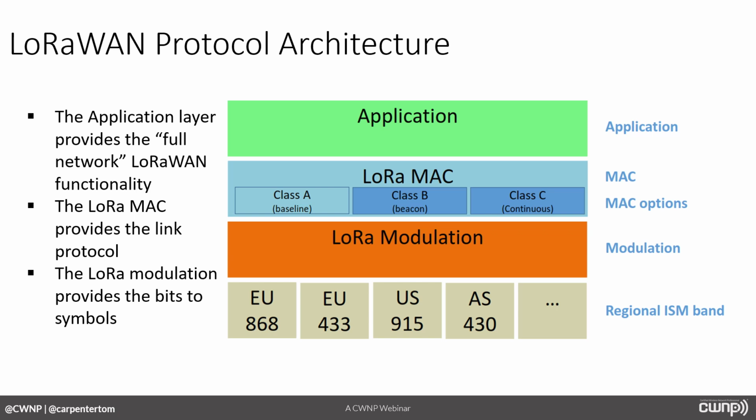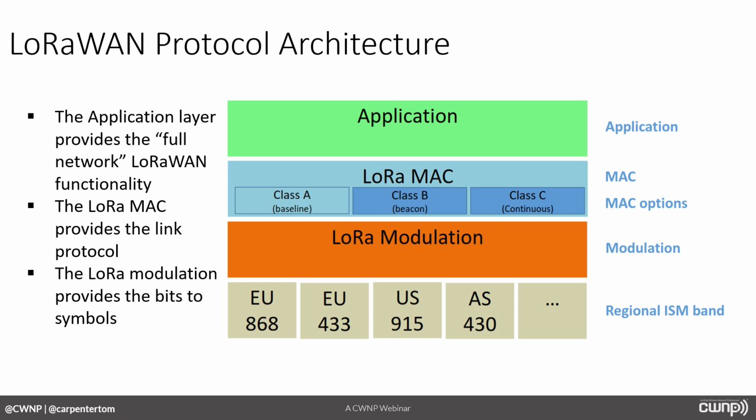And then at the bottom here, you can see just some of the regional bands that are used. So EU can use 868 or 433, depending on where you are. US uses the 915, and so forth. Now, I call these the 800, 400, and 900 megahertz bands, just to simplify it.